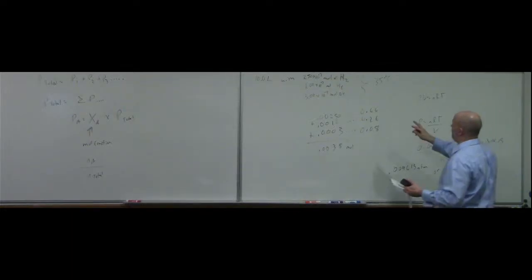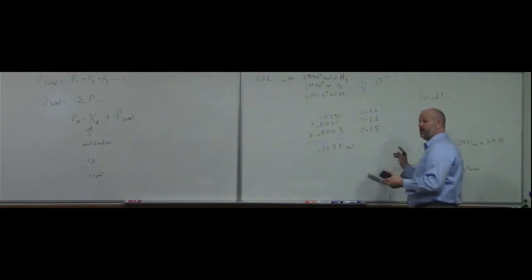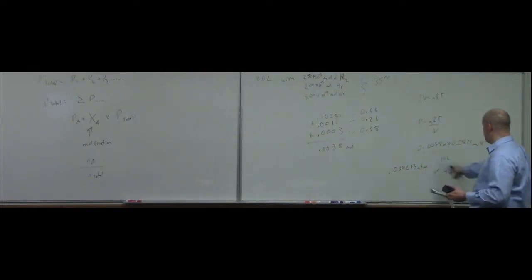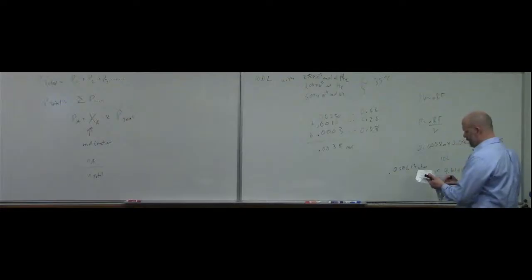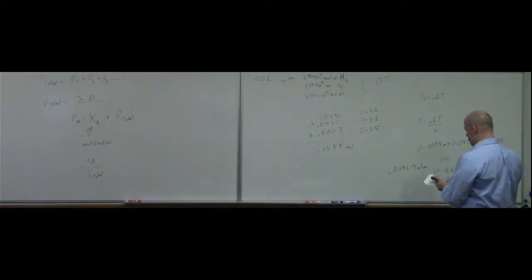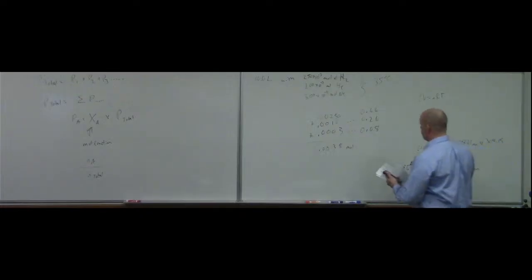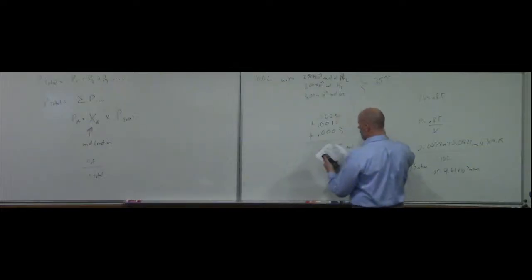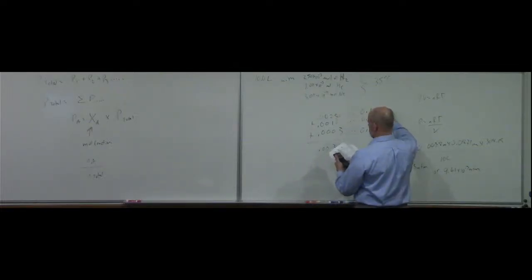So if I multiply my mole fraction by my total, that should give me the partial pressure of each and every single one. So if I do 0.66 times 0.009613, I get 0.0063 atmospheres.